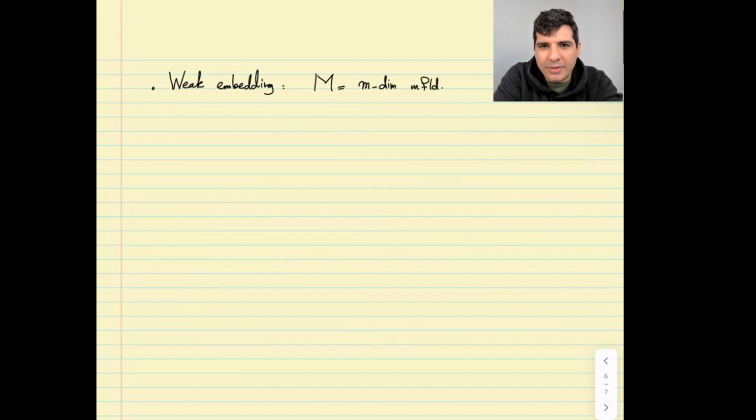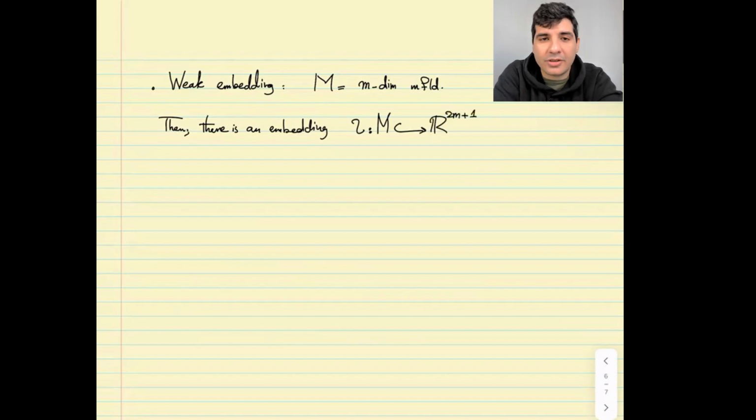So let's say M is a smooth M-dimensional manifold. We want to show there is an embedding, let's denote it by iota, from M into R^(2M+1). Let's sketch the proof of this statement.